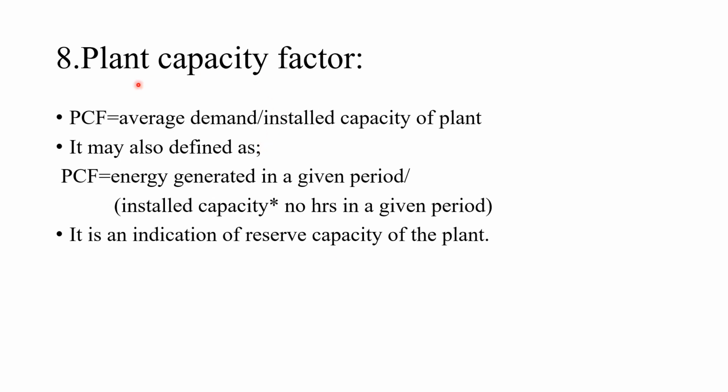Next important parameter, that is plant capacity factor. Plant capacity factor is nothing but the ratio of average demand to the installed capacity of the power plant. And that can also be defined as the energy generated in a given period, that can be in a month, yearly, or in a day, divided by the installed capacity into number of working hours in a given period.